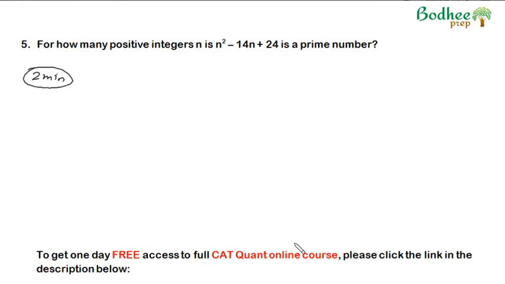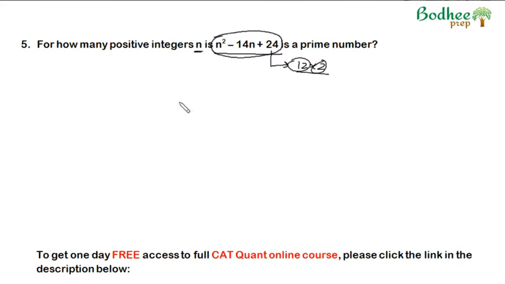Okay, I'm getting some answers. Okay, let's solve this. Here it says: for how many positive integers n is this expression a prime number? The very first thing we have to do is factorize this, right? We have to use the method of quadratic equations to factorize it. It is quite obvious that 24 can be written as 12 into 2, and we know that 12 plus 2 is 14. So we can straight away say that n square minus 14n plus 24 can be written as (n minus 2) into (n minus 12). Correct, guys?